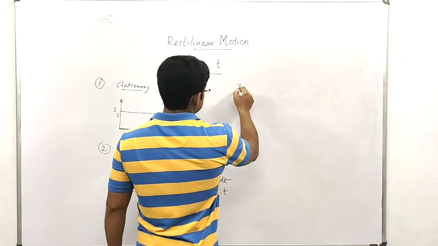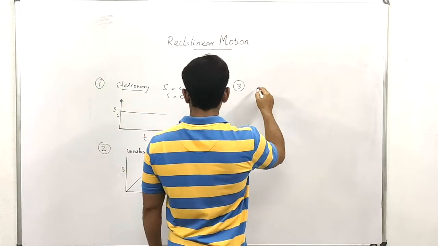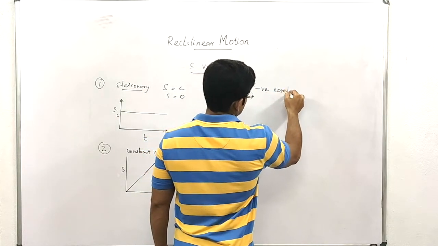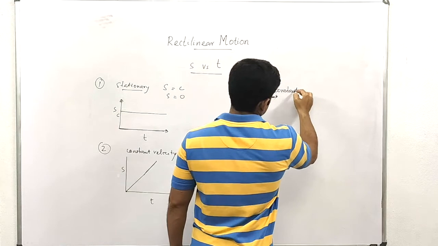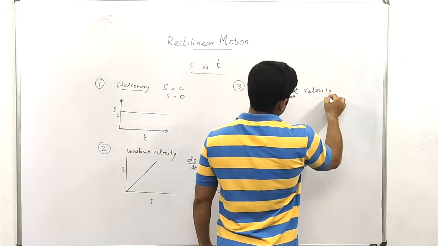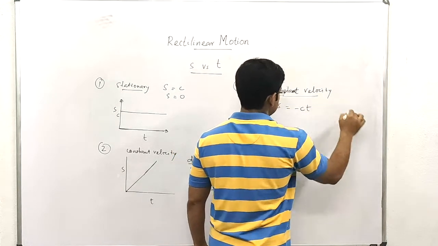The third case, if the particle moves with negative constant velocity, in that case the equation will be s equals minus c t.